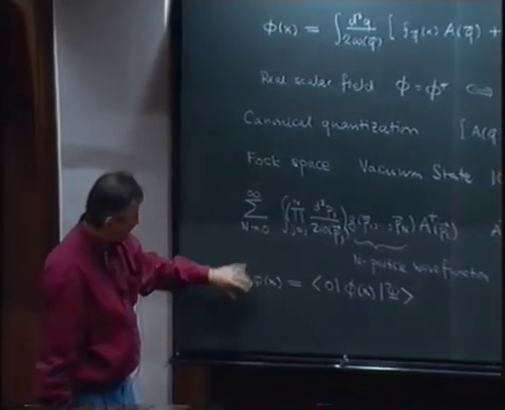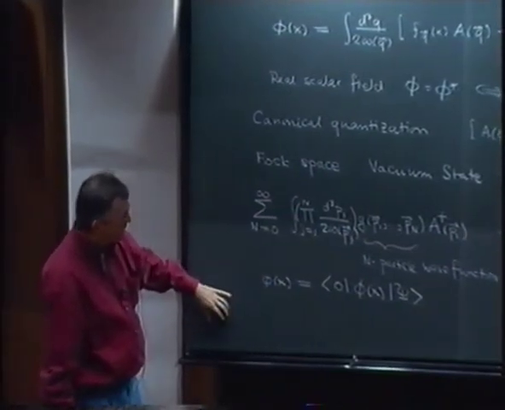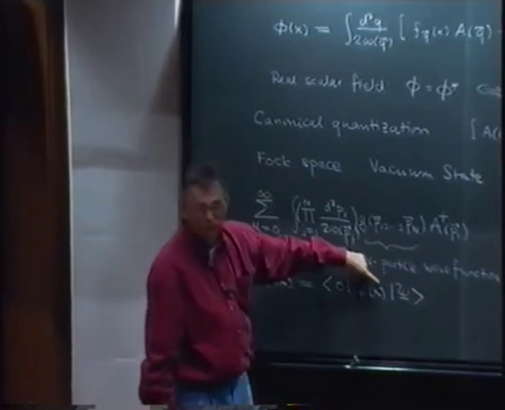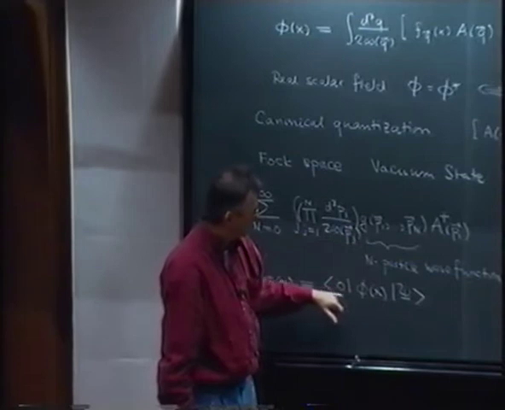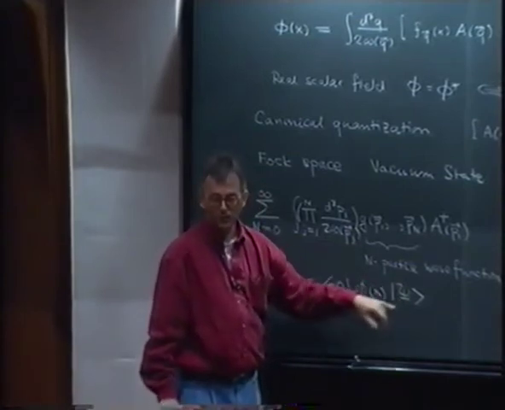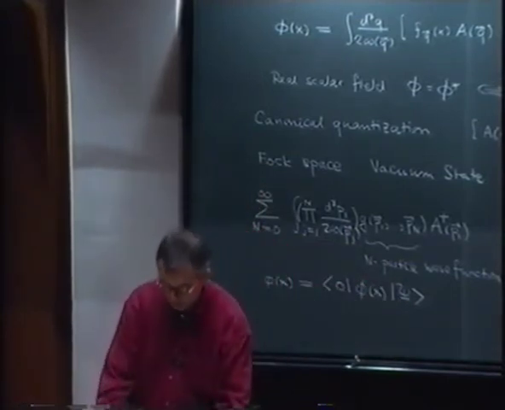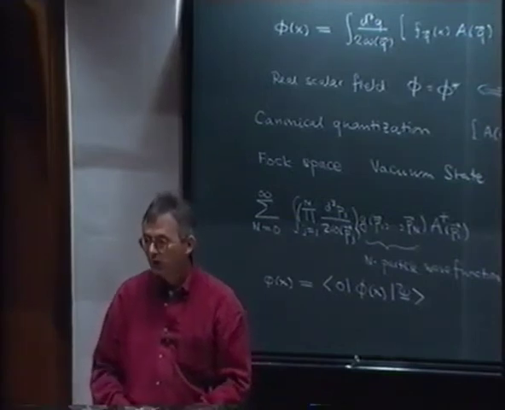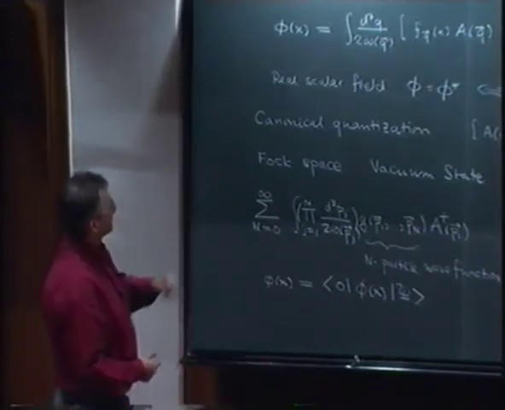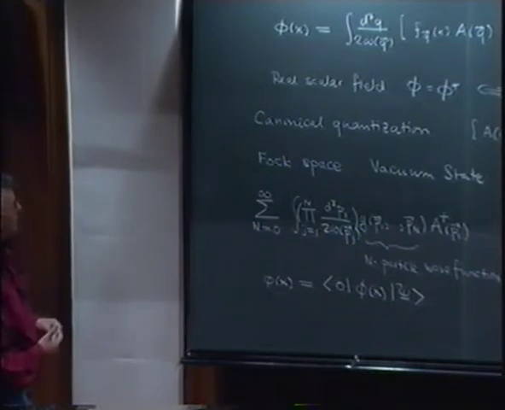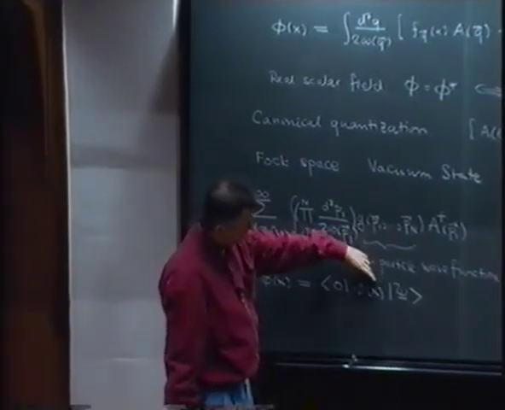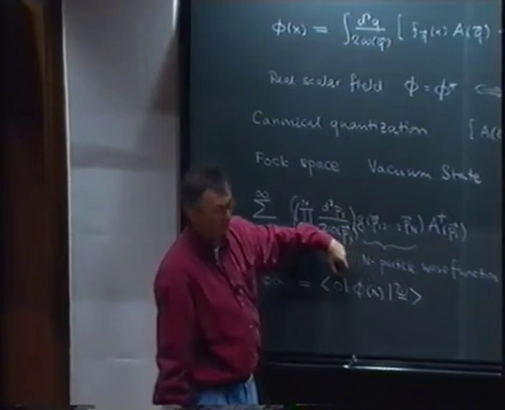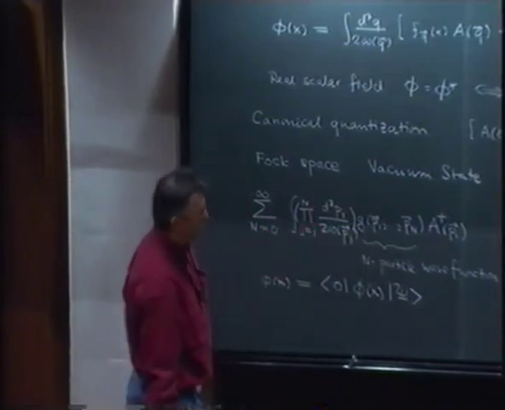And similarly, you can construct n particle wave functions by sandwiching the product of n operators between the vacuum and this state. So how do you get back to an ordinary wave function using this operator, which itself is of course not a wave function in the usual sense? The recipe is simply to sandwich this operator between the vacuum and this state.